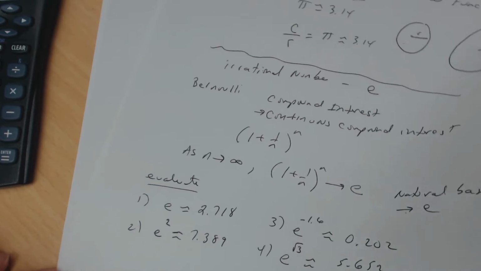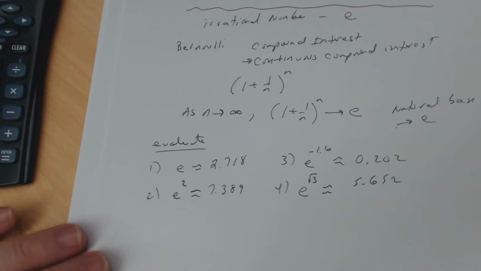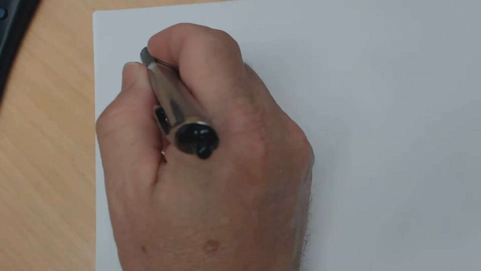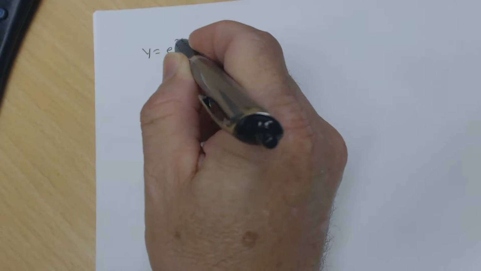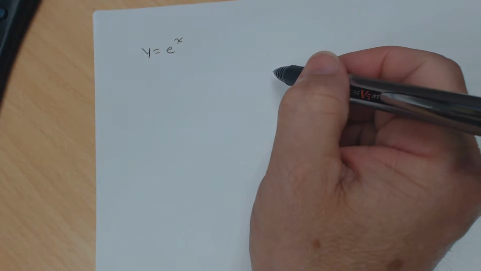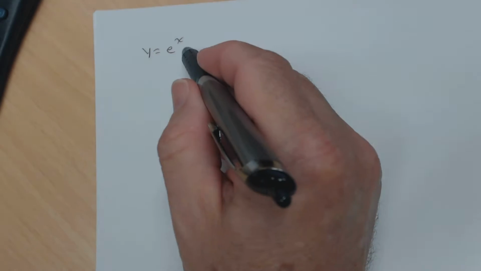All right, now we're going to graph a couple problems with this. Let's first of all graph y equals e to the x.